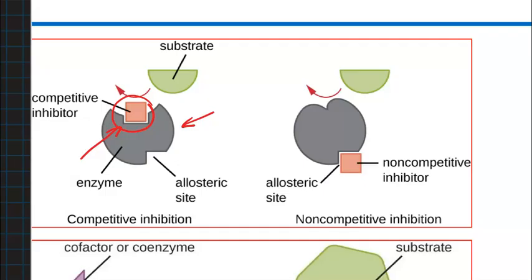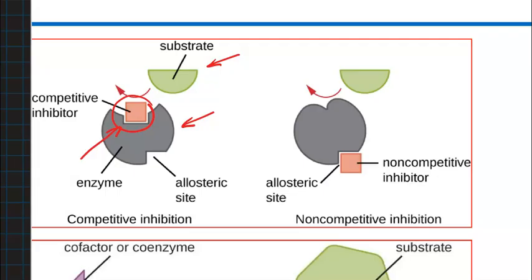You can see that in this case, since the active site is blocked, pretty much physically blocked, the actual substrate cannot bind to the active site and the enzymatic reaction cannot proceed.